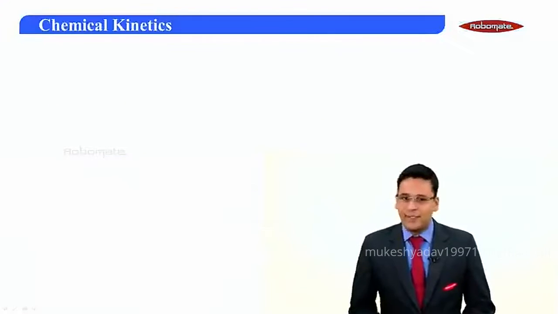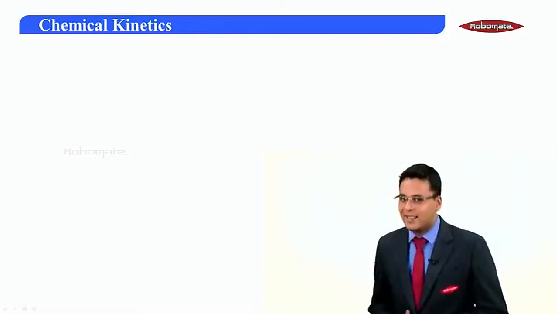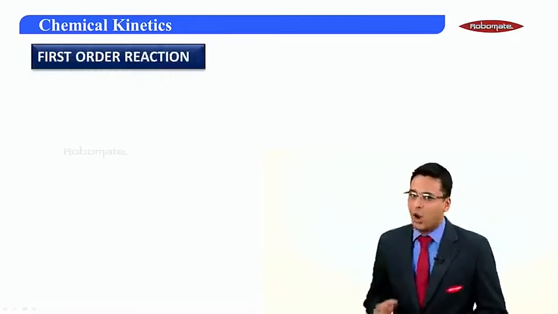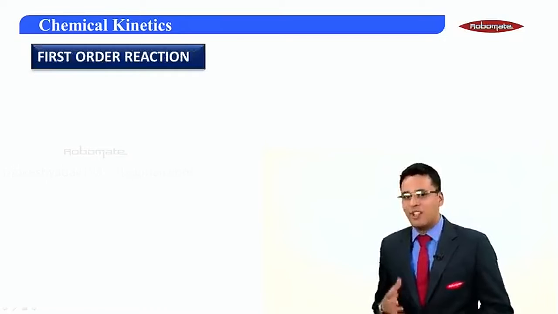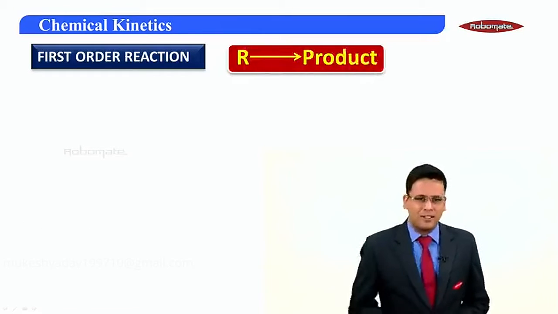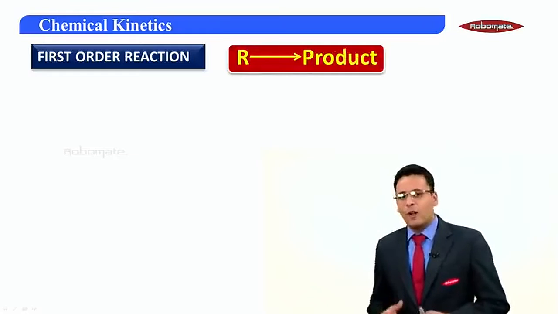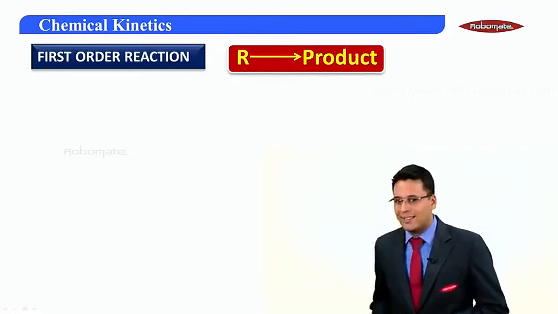So let's get started. Once again, let me reiterate the term first order reaction, meaning that suppose there is a reaction where reactants are giving products. For this reaction, the order is 1.